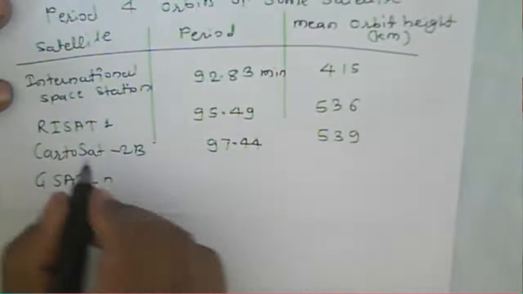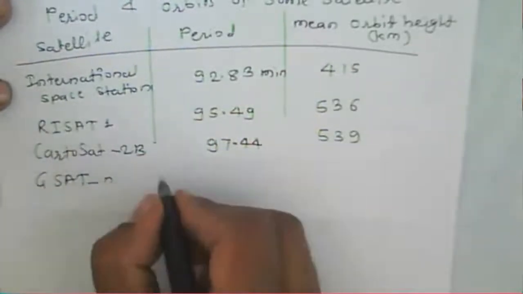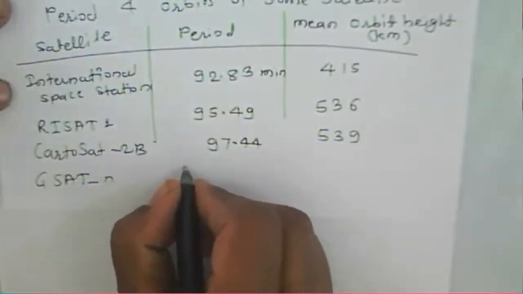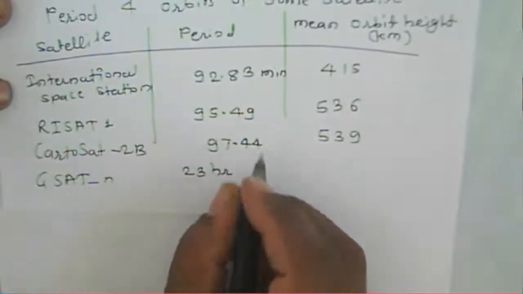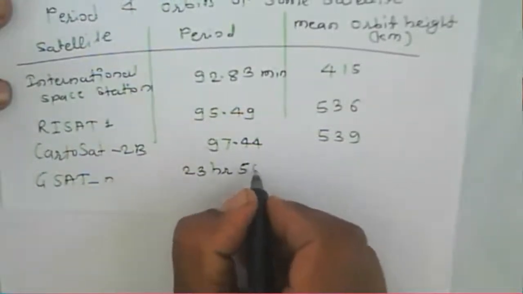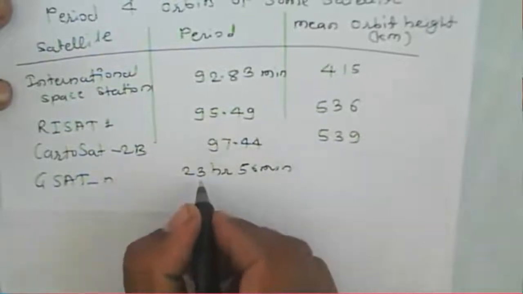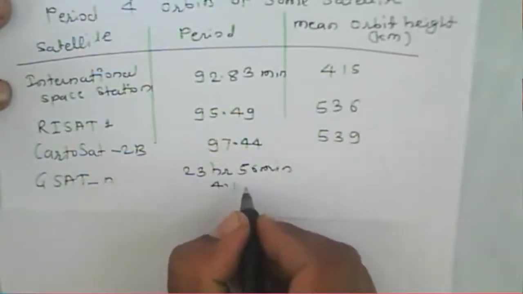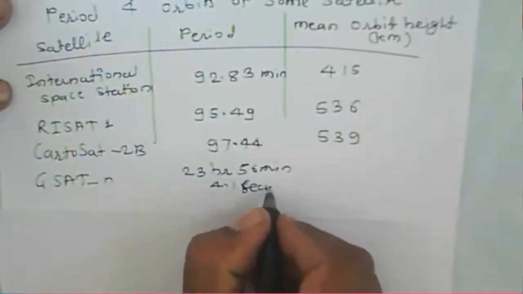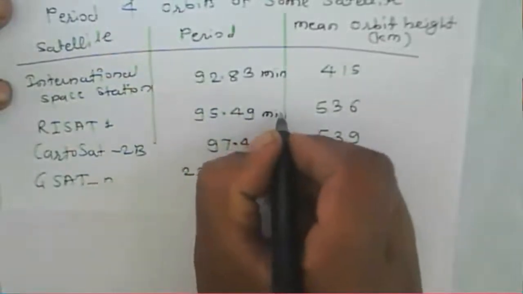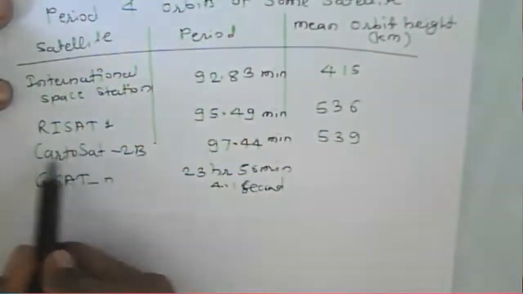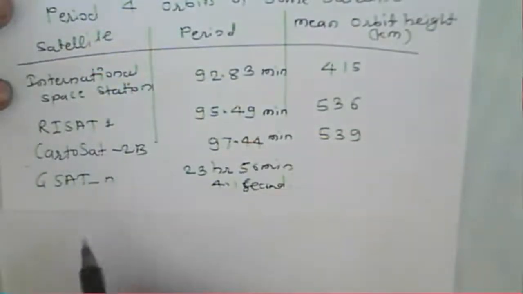Now if you consider a geosynchronous satellite, in that case it takes 23 hours, 56 minutes, and 4.1 seconds.